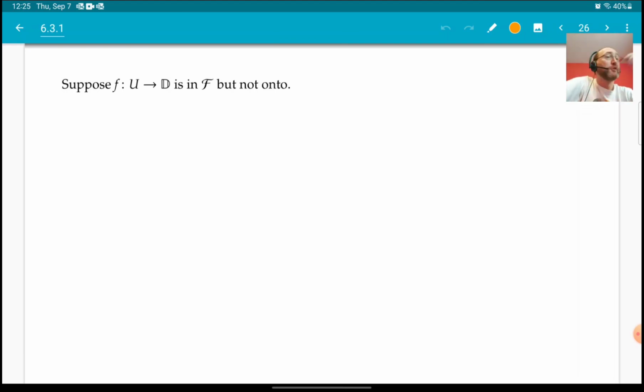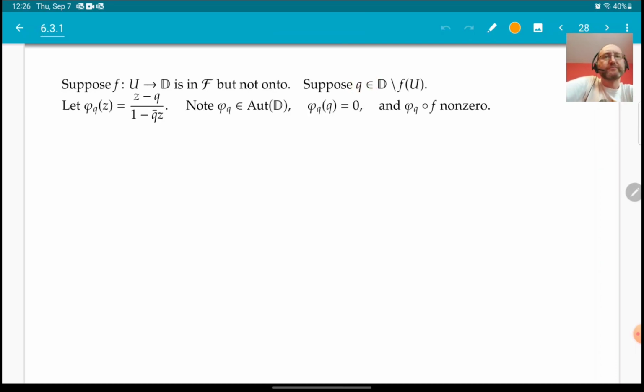So let's suppose that f is in script F, but it's not onto. So the image is not all of D. There is at least one point which is not in there.